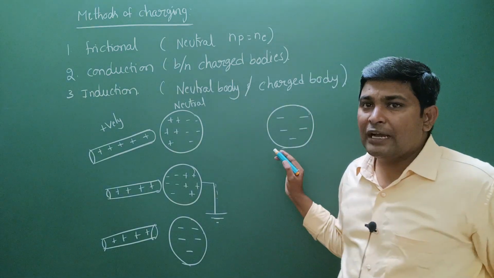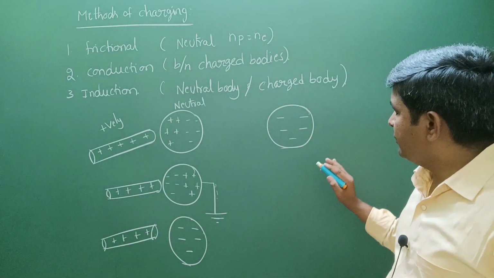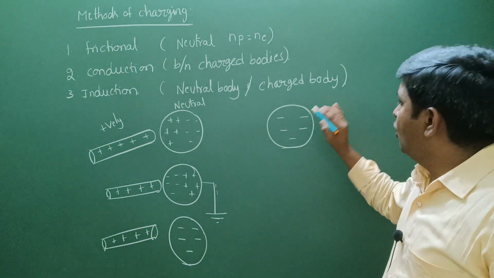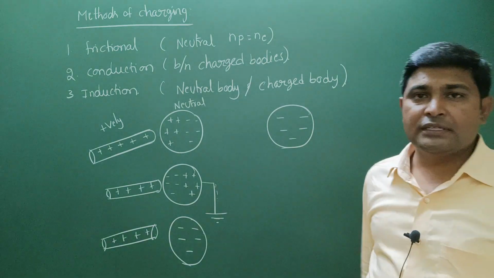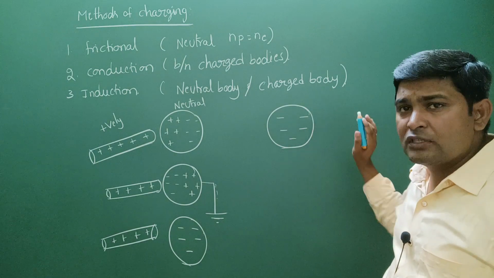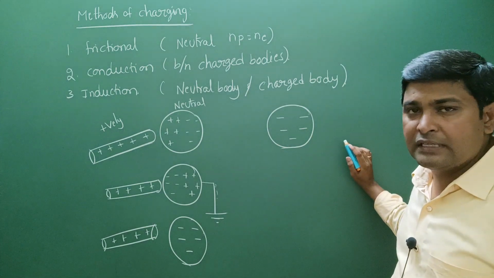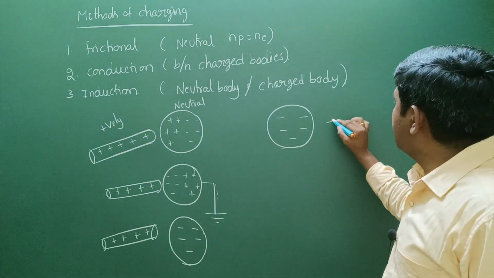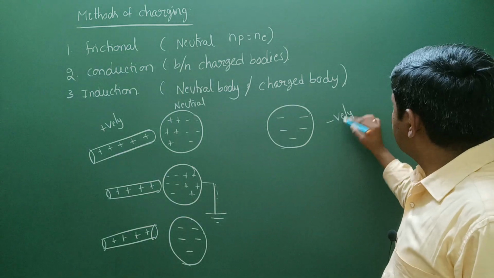So what is going to happen finally, what remains here, more number of electrons are present. If more number of electrons are present, what we can say, it is a negatively charged body.